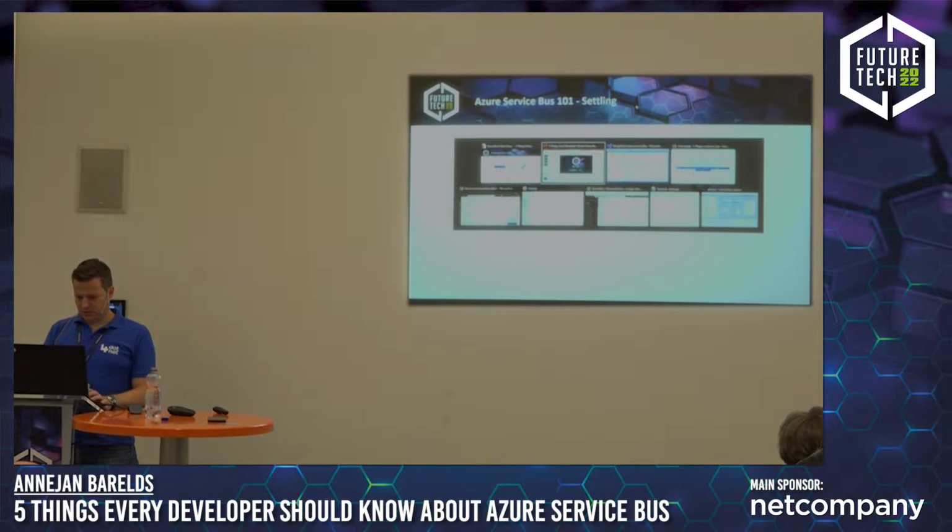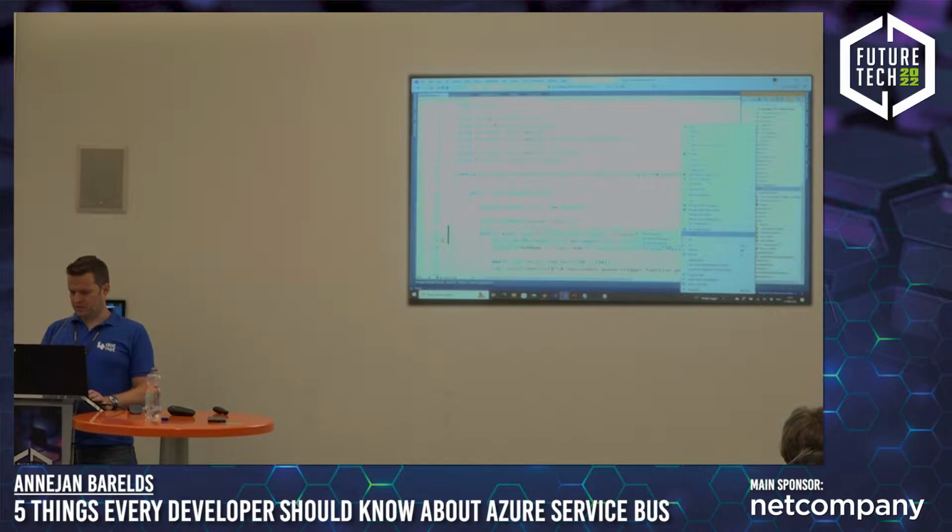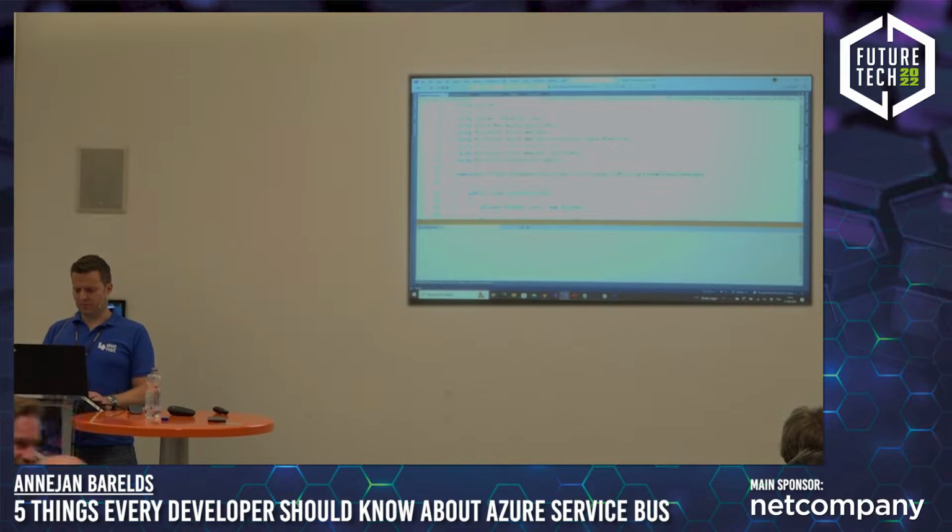And let me just, I think this is readable in the back. I checked. Yeah, it's okay. What we will be doing basically throughout this talk, so we'll be visiting this very basic web app that I have.